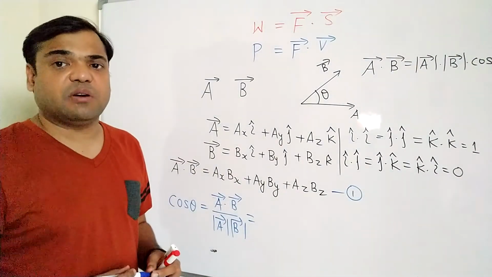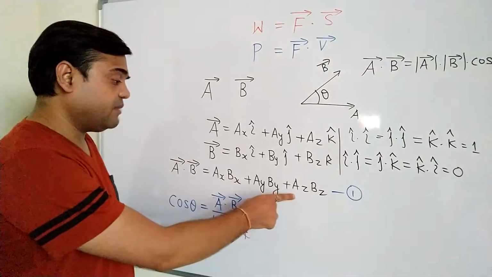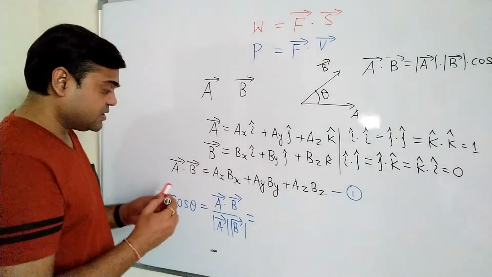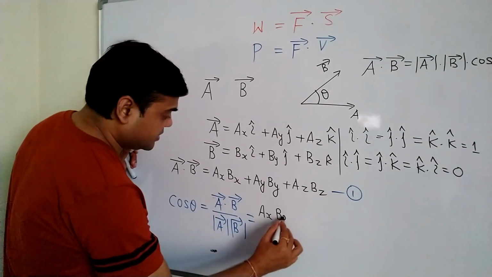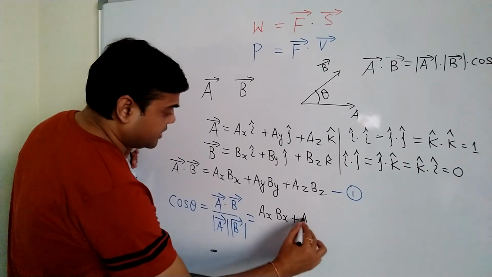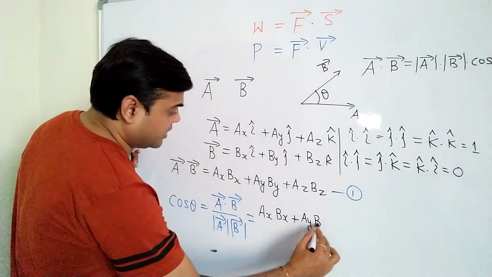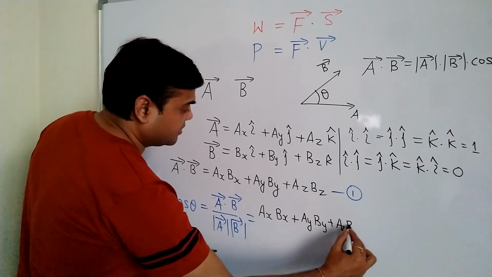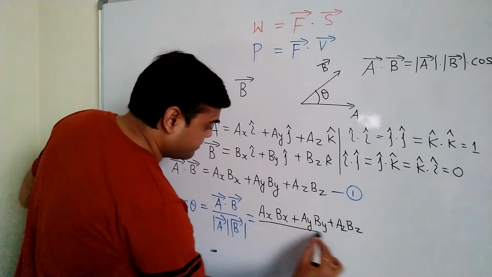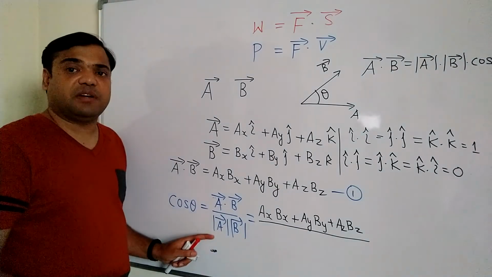So what is the value of a dot b? So that we have already obtained here. So it is simply ax into bx plus ay into by plus az into bz divided by magnitude of vector a.